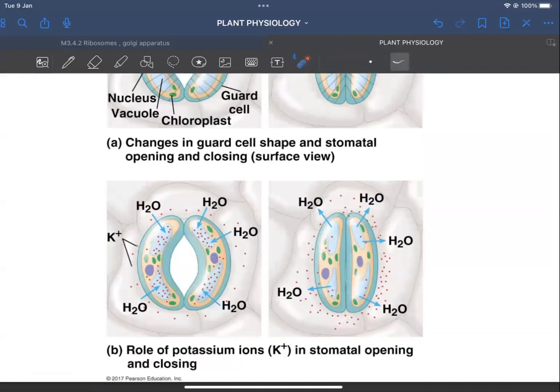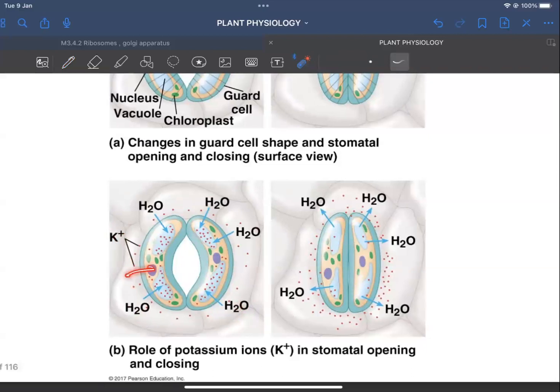The potassium ion is already available in the surrounding epidermal cells. Where does it come from? Everything is absorbed through the xylem and is going to be spread into the surroundings of the guard cells.